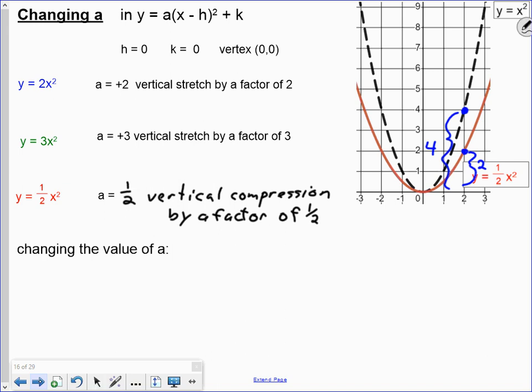So changing the value of a stretches or compresses the parabola vertically.